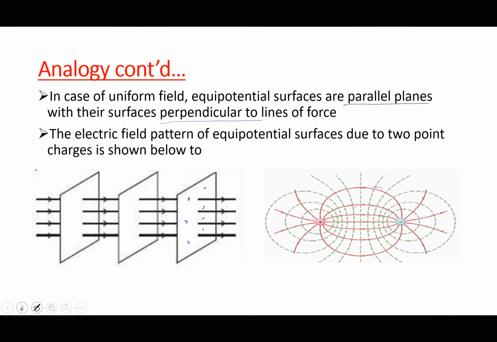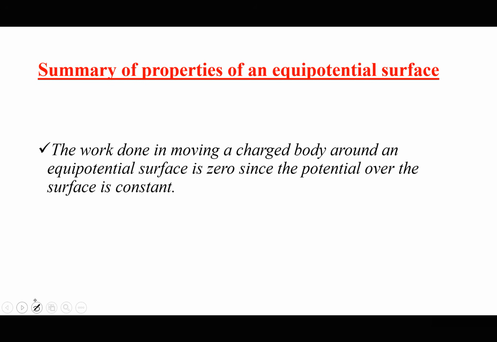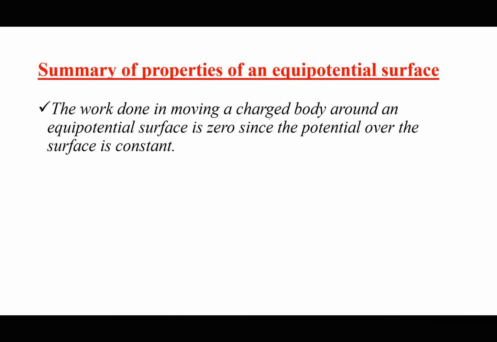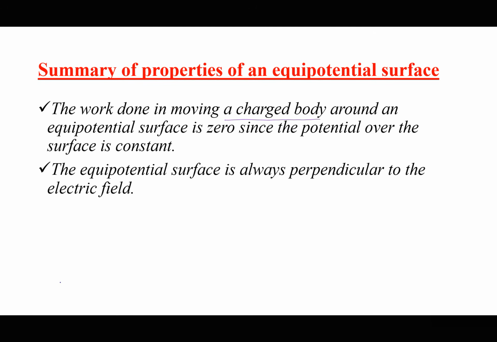In summary, the work done moving a charged particle around an equipotential surface is always going to be zero, because the potential over the surface is constant at any point on the same surface. Equipotential surfaces are always perpendicular; in other words, they make 90 degrees with the electric field.